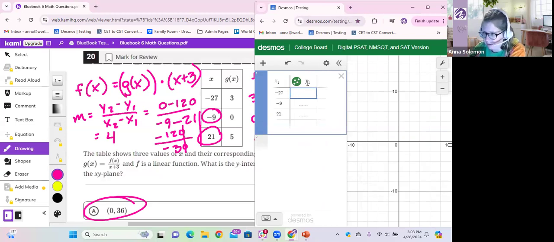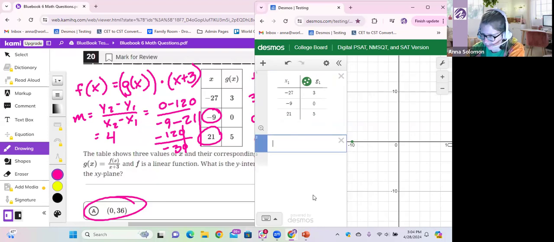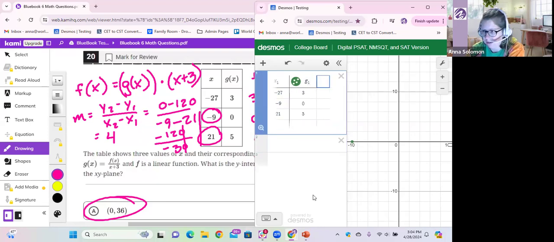My y, I'm going to call this g so that I'm clear, is 3, 0, 5. Then I can go up and call this F1.